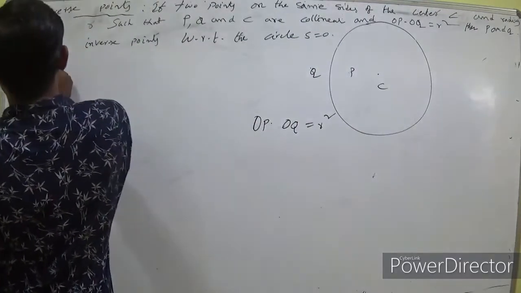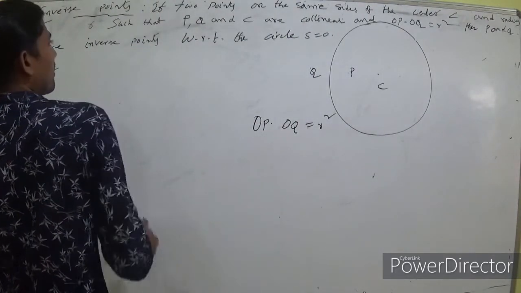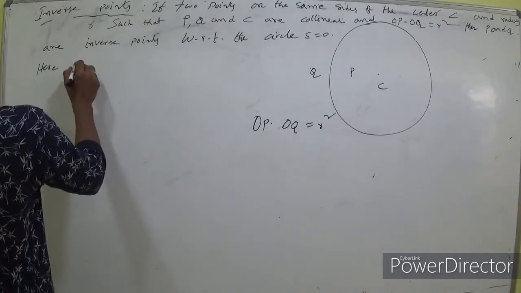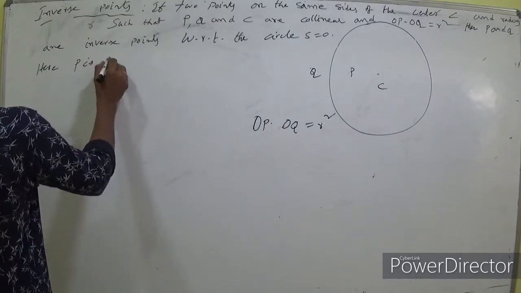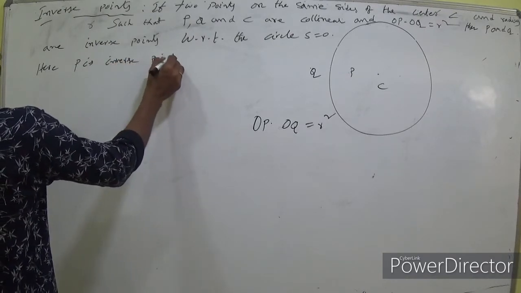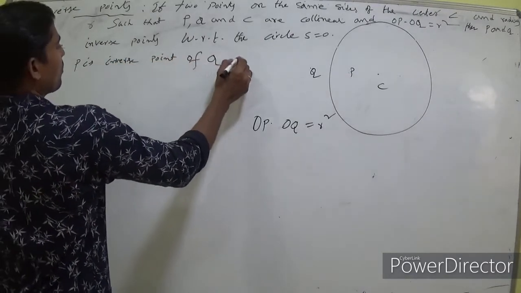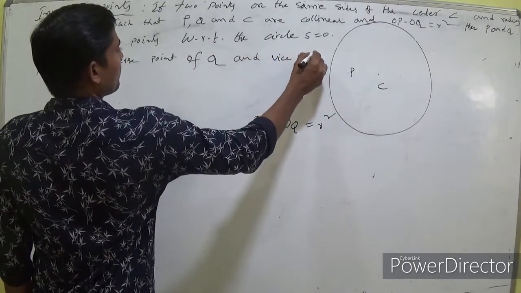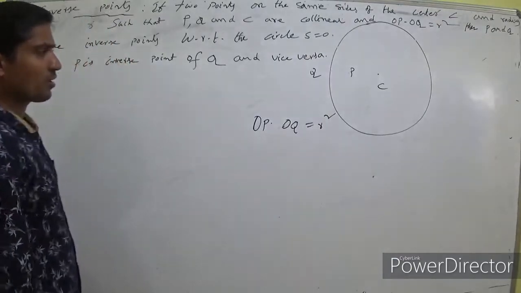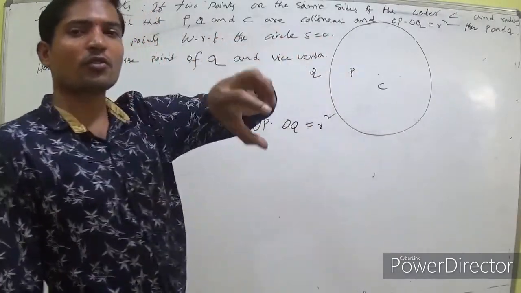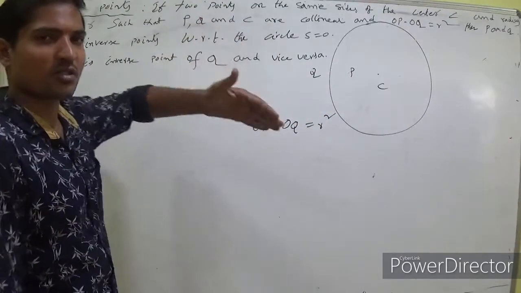Here P is the inverse point of Q and vice versa. P is the inverse point of Q and the inverse point of Q is P. That is the meaning of vice versa.